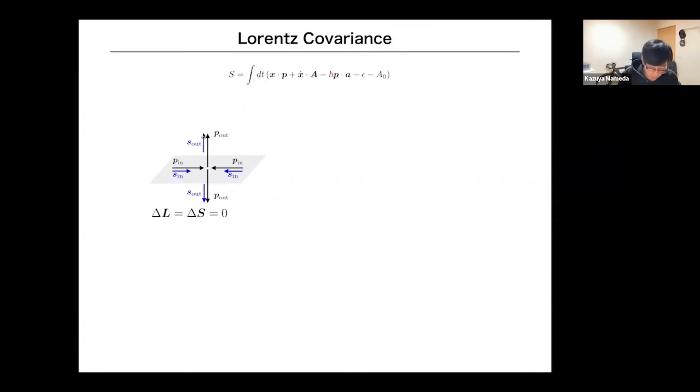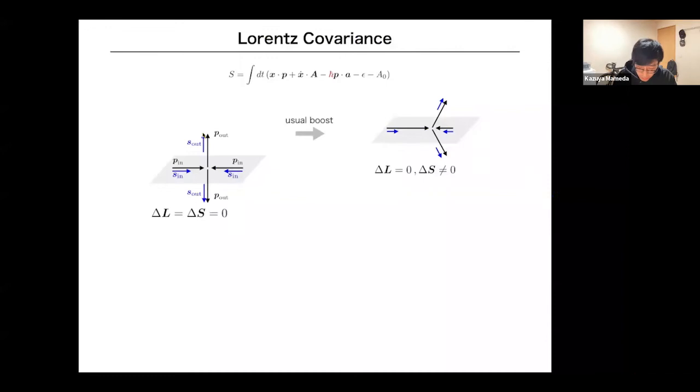Namely, delta S should be 0. Actually, this is the observation at the center of mass. Now I want to take some Lorentz boost. Okay, now we take the boost in this direction.